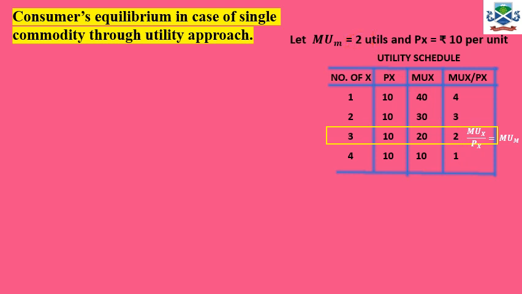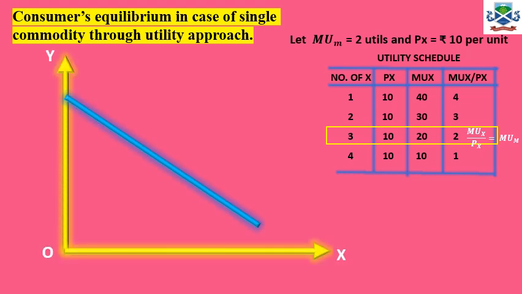Now if we represent this in a graph, you will find the marginal utility curve sloping downwards into the negative zone, but we will just take the positive part. The price of 10 rupees is constant every time, that's why the price line is parallel to the x-axis.